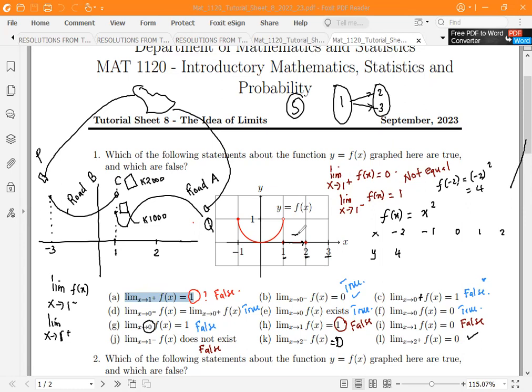Okay. So if you've seen this line, if there's a house here and you are moving from this point going this side, we say you are moving from the left of the house.